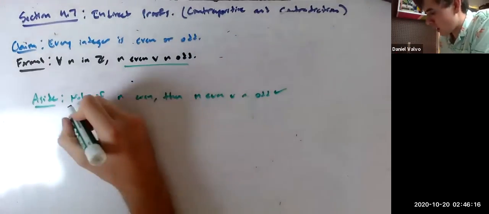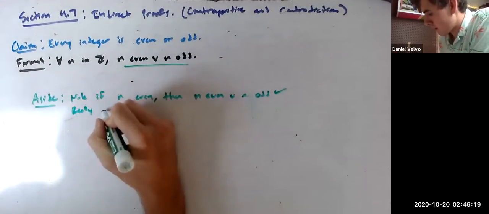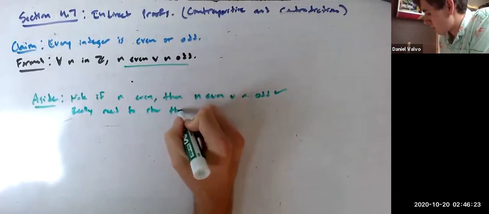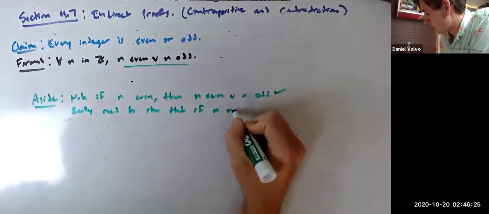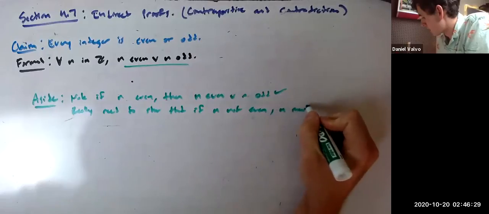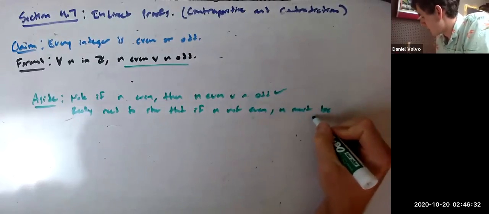So we really have to show that if n is not even, n must be odd.